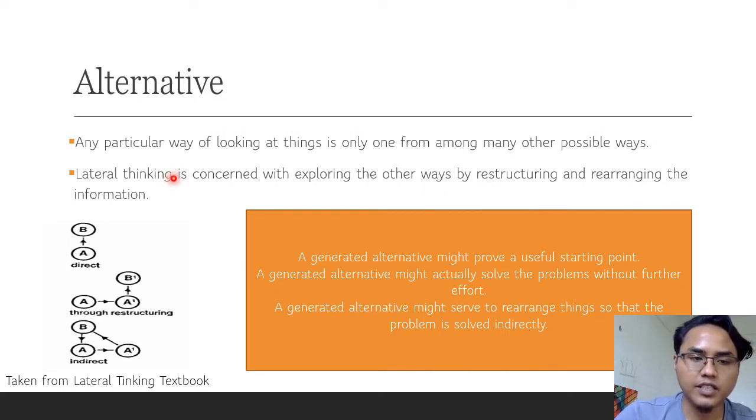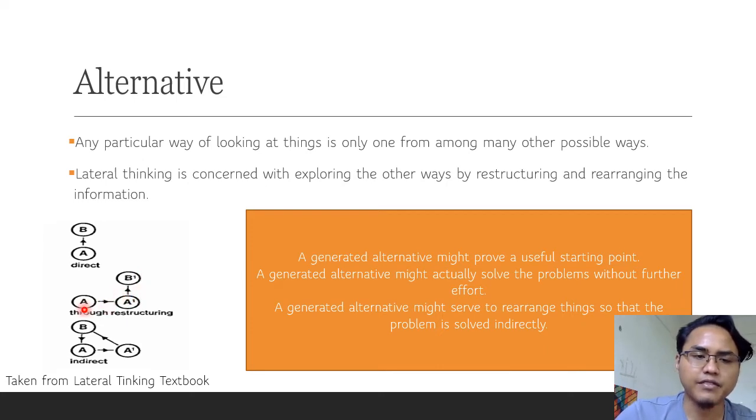The picture on the left side of this slide is taken from a lateral thinking textbook, where we have point A directed to point B, which is the traditional thinking. And after restructuring the ideas, we have found that we can create another A, which is A prime, to B and B prime.